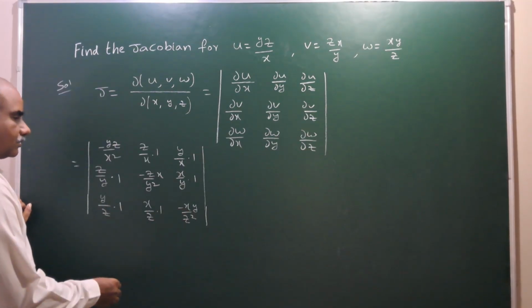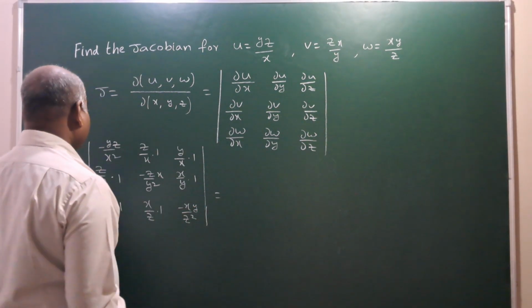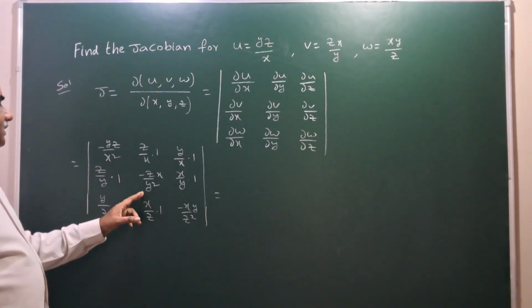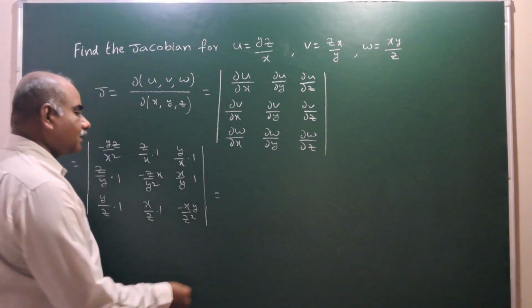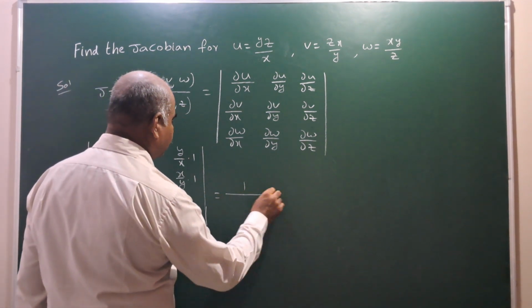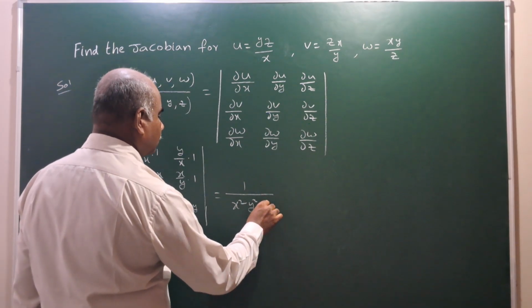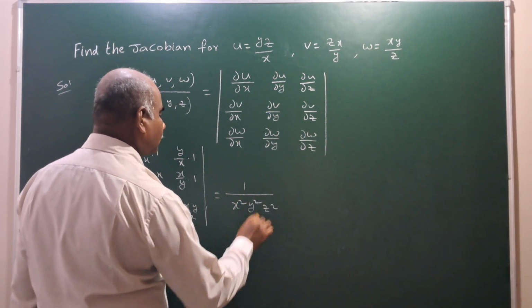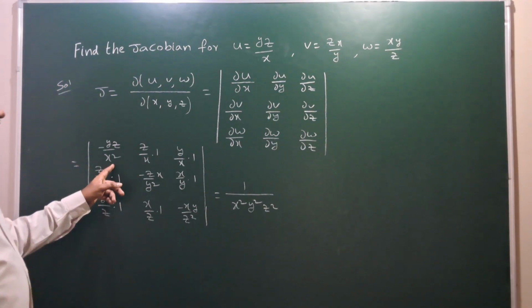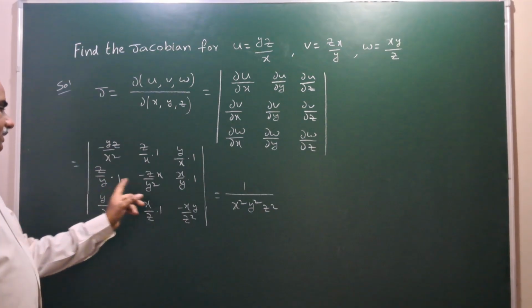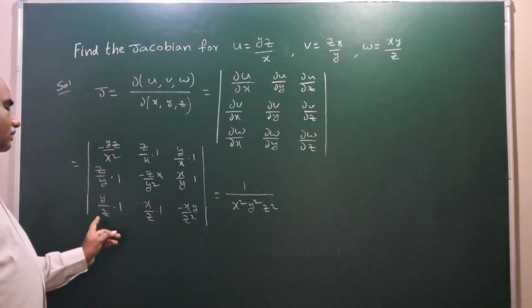So we have to take common x square, y square, z square. Okay. So 1 by x square y square z square. Take x square as common from the first row, y square as common from the second row, and z square as common from the third row.